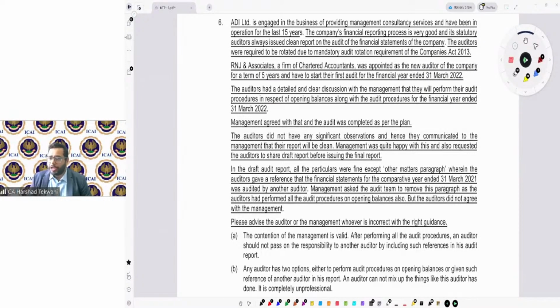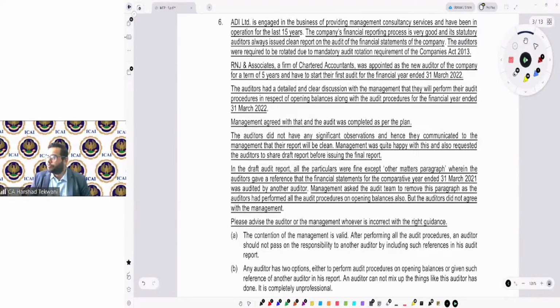Do you think this reporting is appropriate or not? Is this the correct reporting?